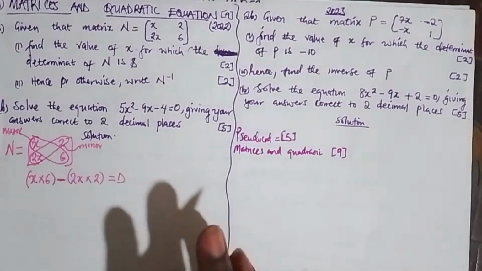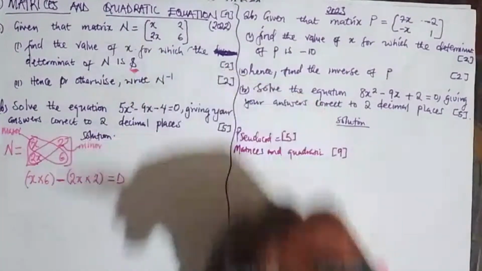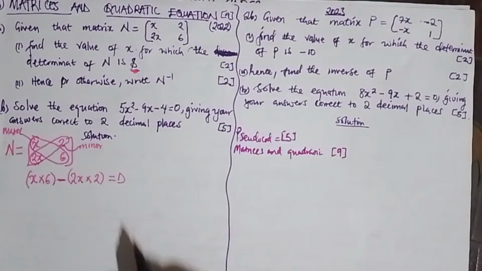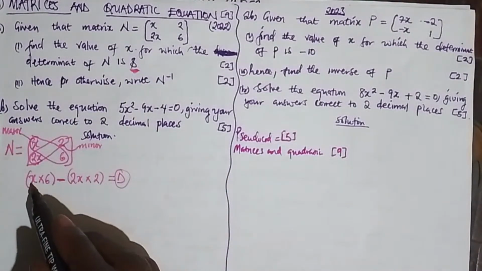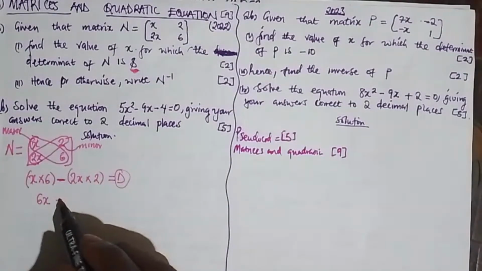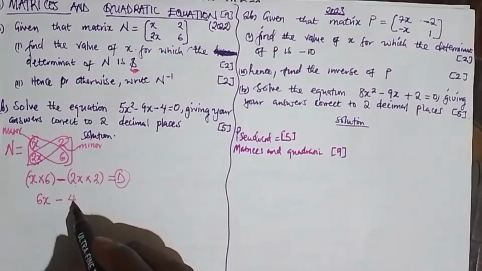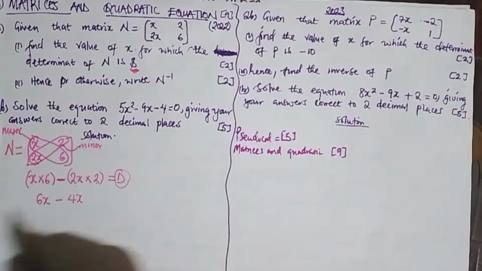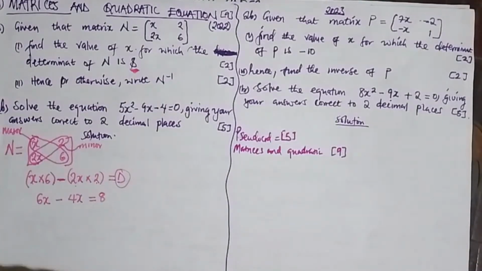So now, since in our question we already have the determinant, which is 8, we are going to replace what? Where there is d with 8. So we are going to say x times 6, we have 6x, minus 2 times 2x, we have what? 4x. Then we are going to say is equal to 8.